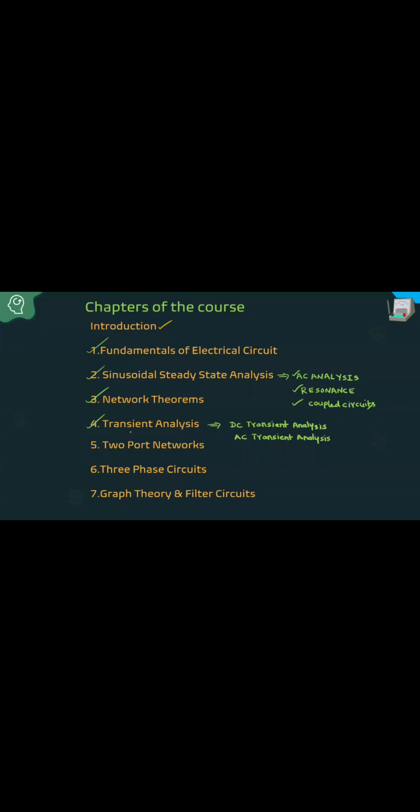In this, the response of RL circuit, RC circuit, RLC circuit will be covered. DC transient analysis, AC transient analysis.